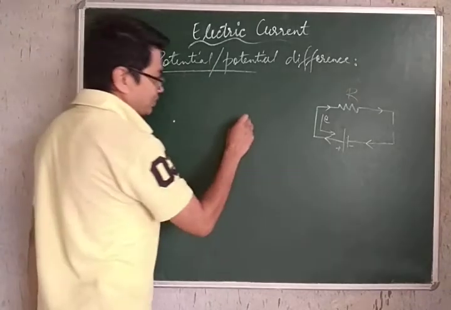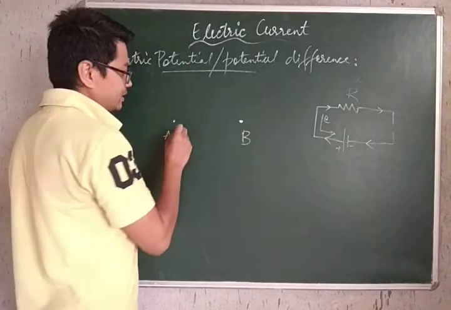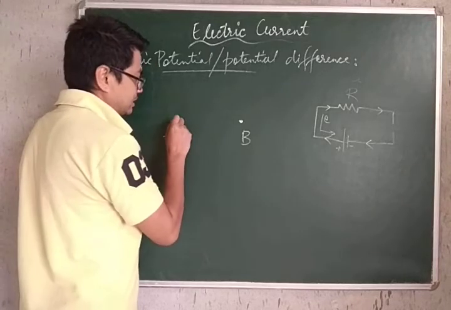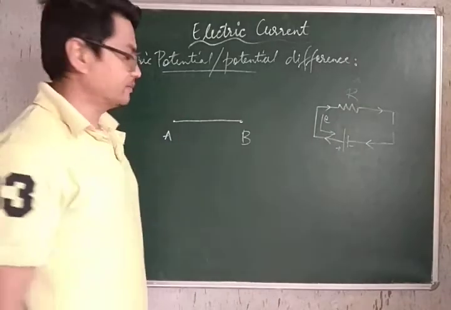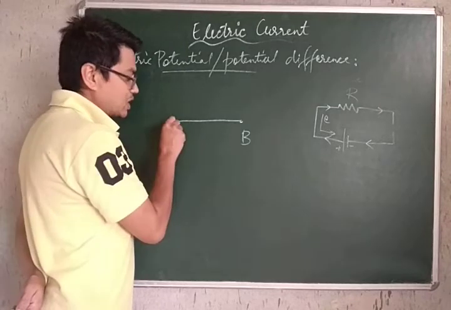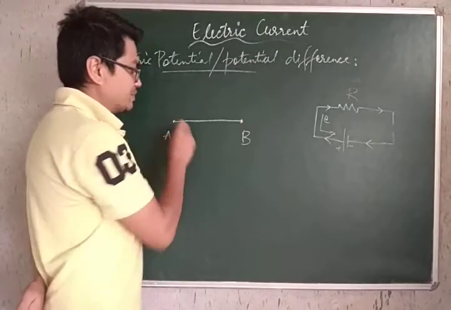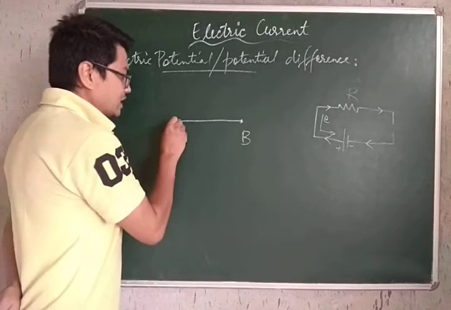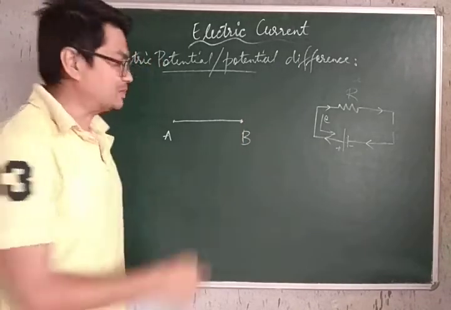If I have 2 points, say point A and point B, and let us also join these 2 points by a wire or a line, then the work done to take a unit charge from point A to point B is what is called the potential difference between these 2 points.